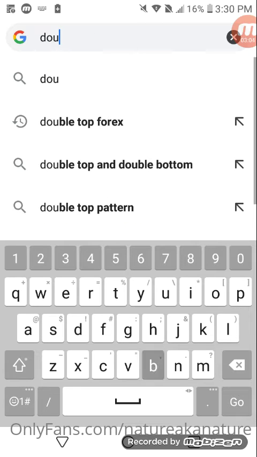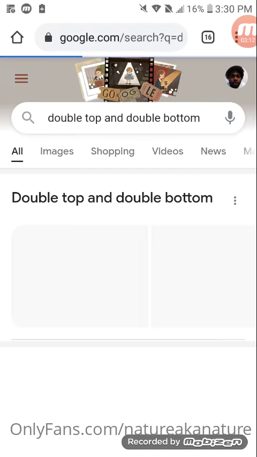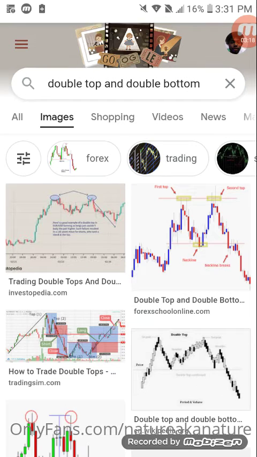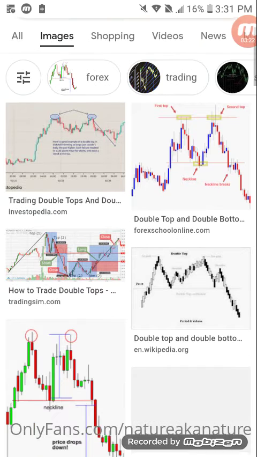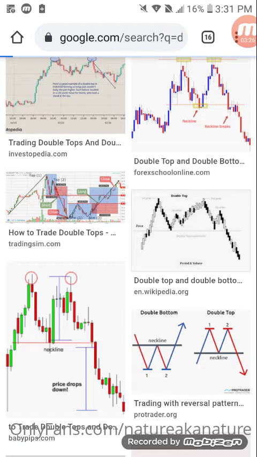The double top is a double candlestick formation pattern. So let's look at images of a double top. This is the image of a double top pattern right here.